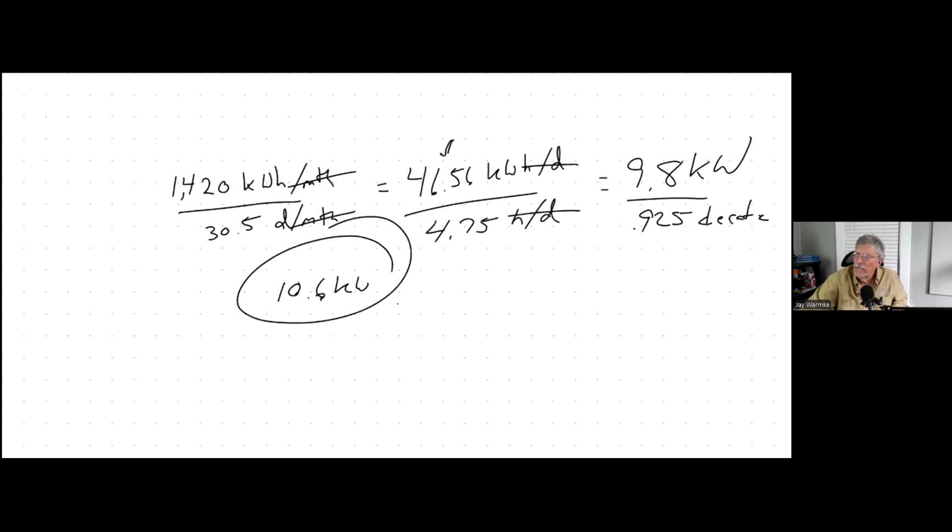So I've got a 10.6 kW array, but if I went ahead and bought the 7.7 kW inverter, I divide 10.6 by that, and that's going to give me a clipping ratio or an inverter load ratio of 1.38. 1.38, inverter load ratio.